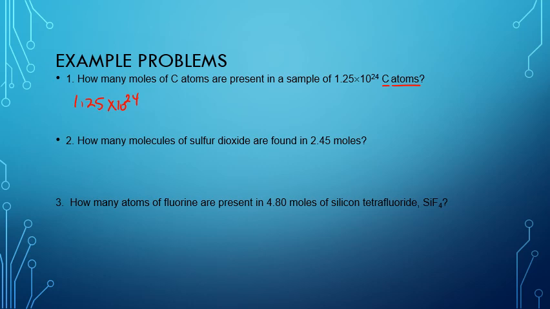For your problems, you must have not only a unit, but a symbol for what substance it is. So it's not enough to just simply say atoms. We need to say atoms of carbon for our answer to be right. When you are doing your work, I want to see this for every single problem that we do.